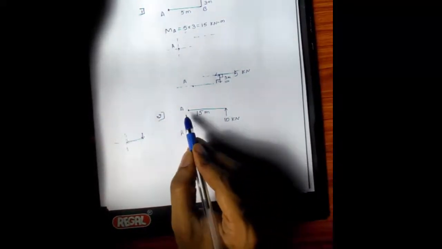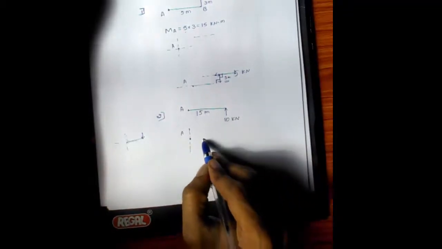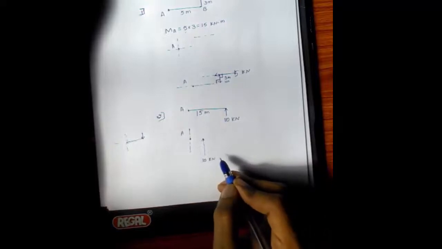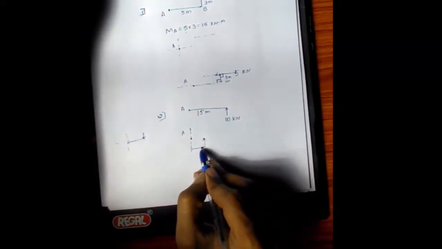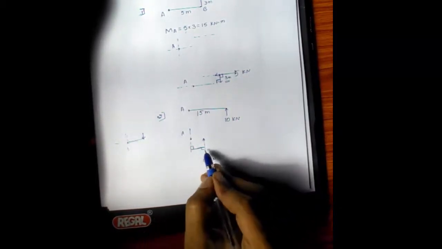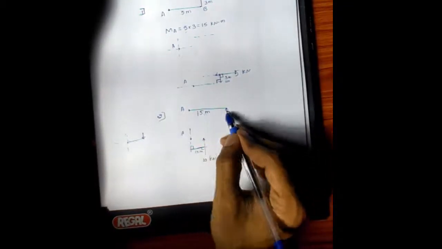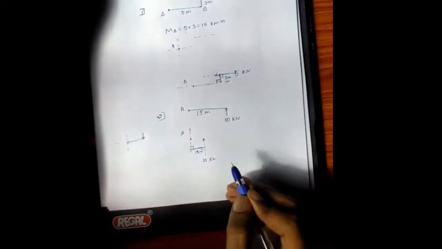Now this 10 kilonewton is acting right side to point A, that is in the y direction, just put dotted line like that. So now what is the perpendicular distance between 10 and A? Just draw a straight line that is perpendicular to this one also, this one also. Therefore this is the perpendicular distance, that is given 15 meter.